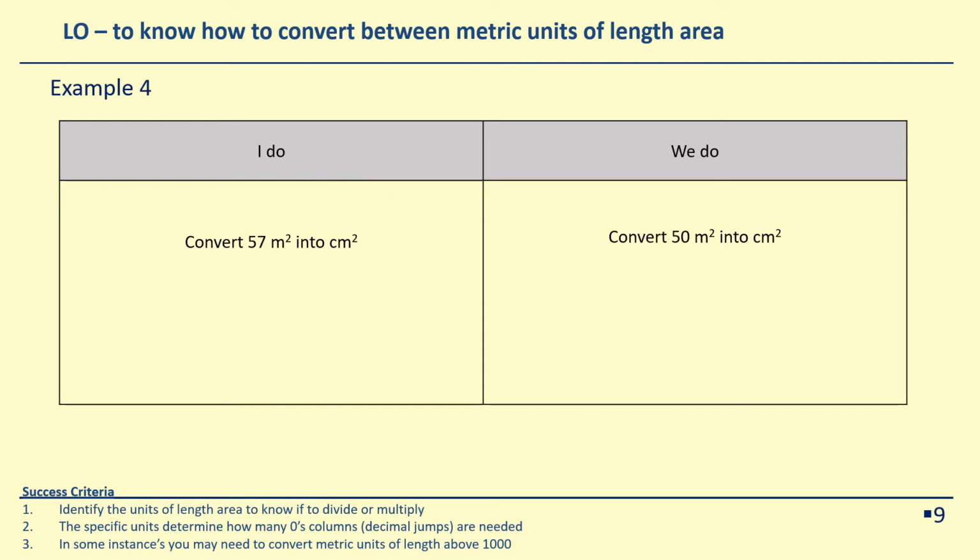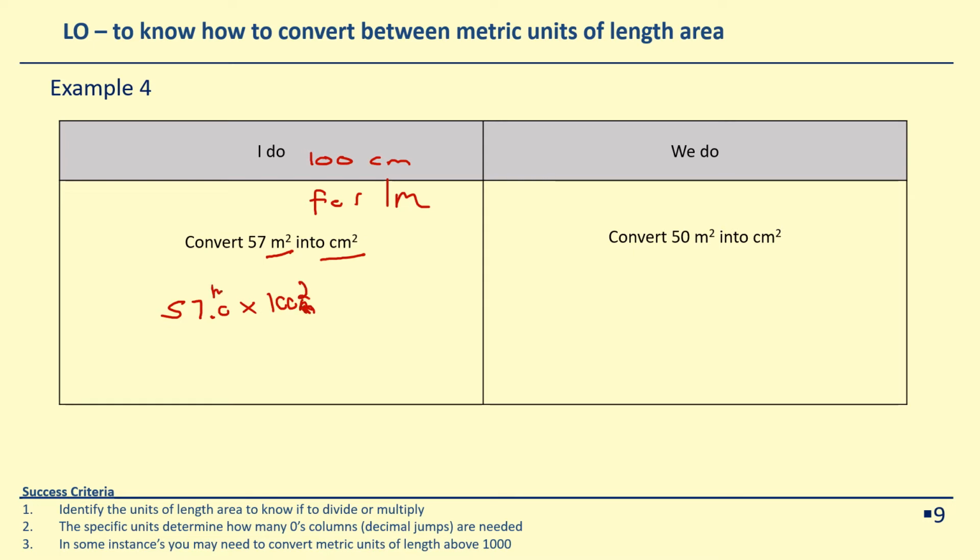This I do then. Now we're looking at meters and centimeters. 100 centimeters in 1 meter. Going from meters into centimeters. So we're going from the so-called larger representation to the smaller representation of area. So we're going to have to multiply 7 by 100 squared.